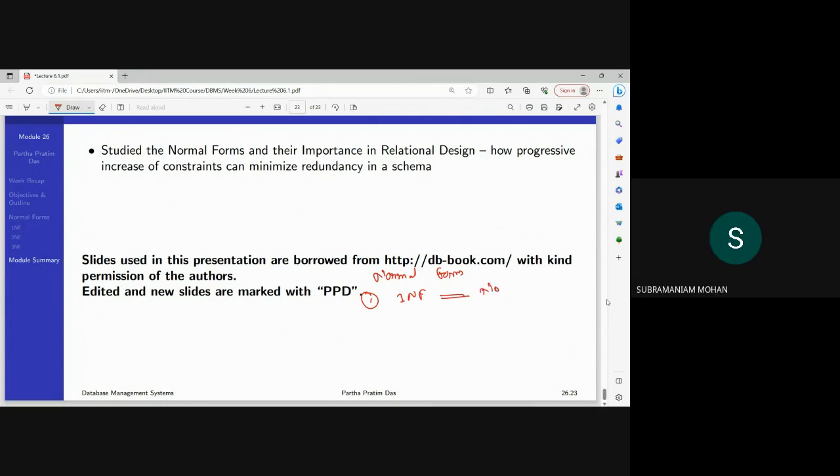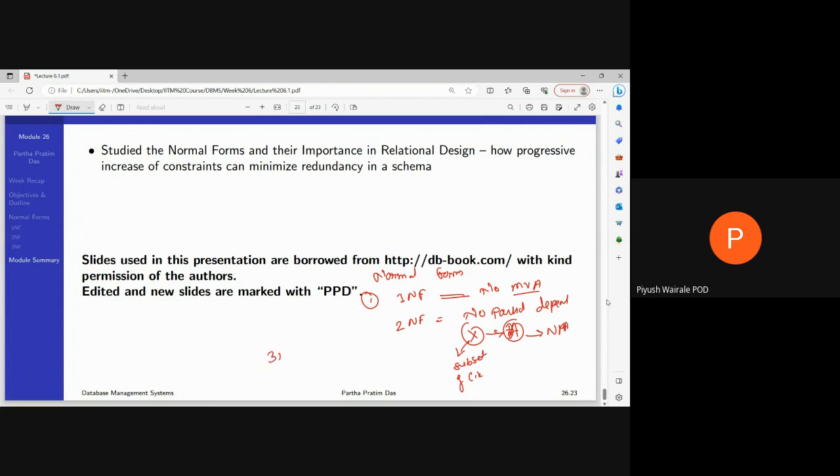No multi-valued attribute. For 2NF, no partial dependency, that is, if X determines A is there, X is a subset of a candidate key and A is a non-prime attribute.